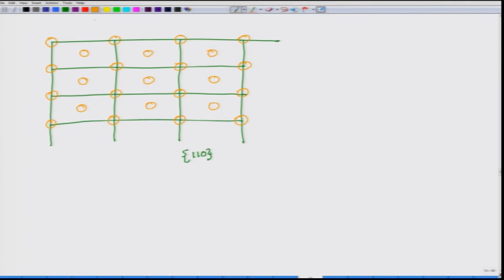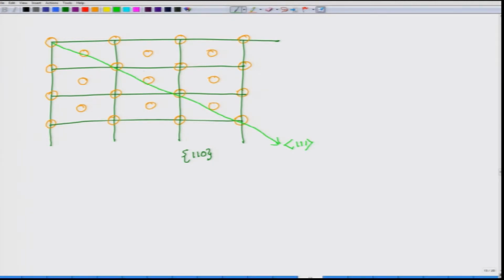There will be two 111 directions here. One will be along this; all these are 111 directions, but I will draw just one of these, which is this one. This is a 111 direction.